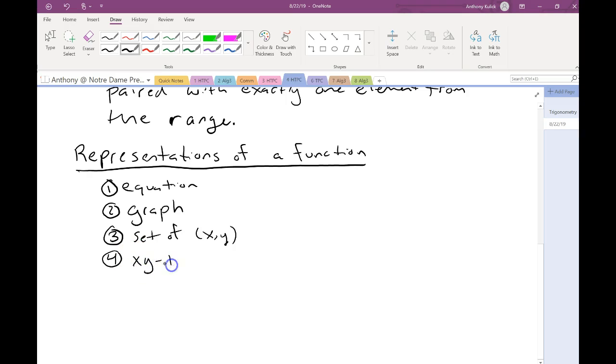Similar to a set of ordered pairs, sometimes we display our function just as an XY table. And then the last one is the one that none of the classes have remembered. So far, it was the mapping diagram.